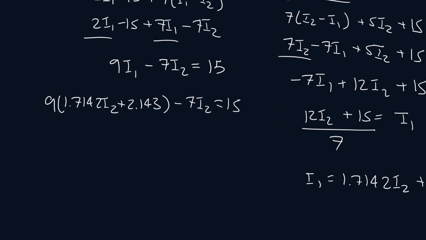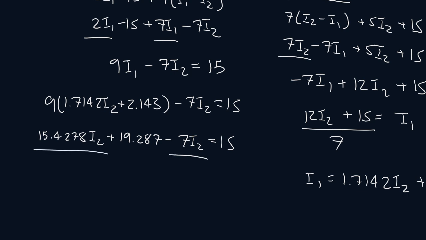Distribute the 9. So 1.7142 times 9, 15.4278 I2 plus, so 2.143 times 9, that's 19.287 minus 7I2 equals 15.